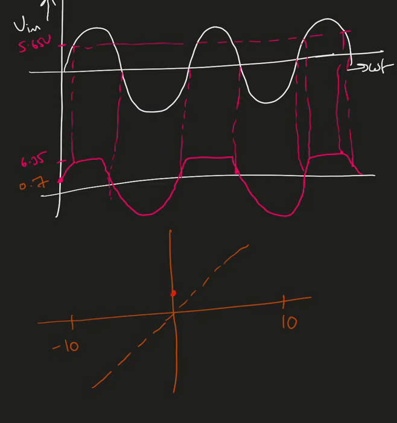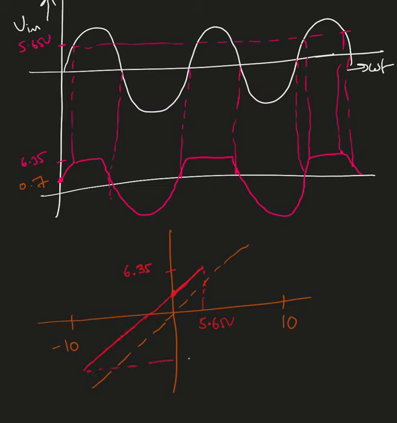Output is going to start at 0.7 and it goes up to 6.35. So that is 6.35. At that point my input is 5.65 volts, and then on the reverse side it is going to be constant.